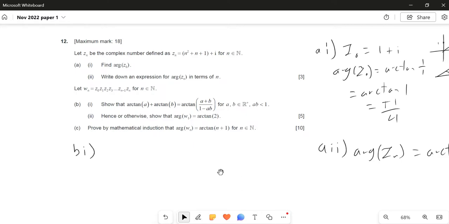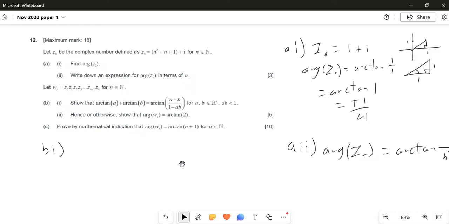Show that arctan A plus arctan B equals arctan of A plus B over 1 minus AB. Okay, so let's put tan around this whole thing.